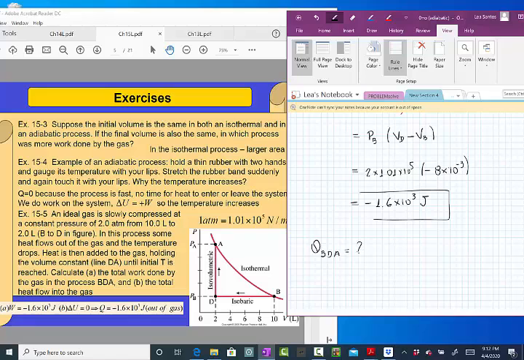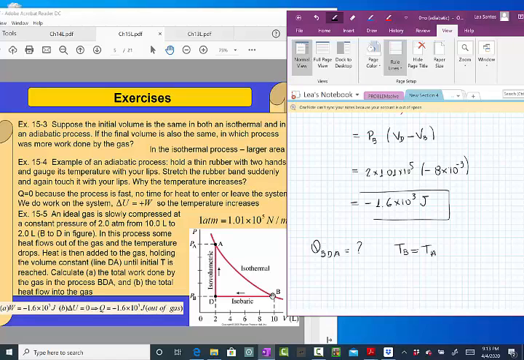Now we could think about breaking into pieces, but there is something that is going to help us a lot in this problem. We go from B to D to A. But if you look at point B and point A, they are part of an isothermal. You see the word here, isothermal, which means the temperature at point B and the temperature at point A are the same. So we left this point B, many things happen along the way, and we went to point A, but we left a certain temperature and we went back to the same temperature.